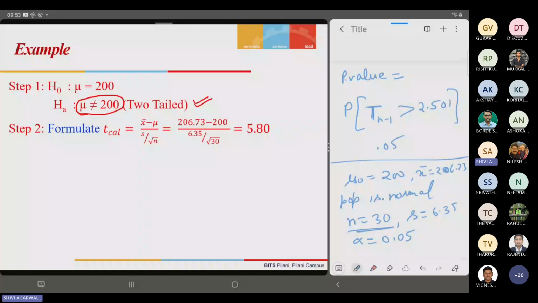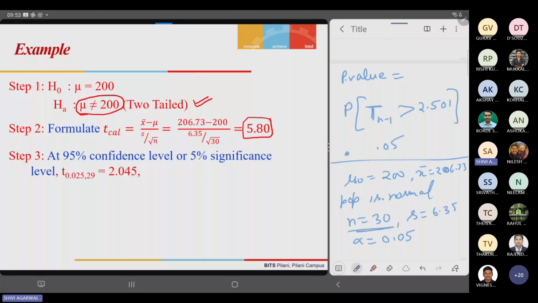Okay, two tail here. So the T value is 5.80, and now we are calculating at the 95% confidence level, that is, alpha is 0.05. So we are finding the value of T alpha by 2 with N minus 1 degrees of freedom. N minus 1 is 29, and T alpha by 2 is 0.025. Correct? So that is 2.045.